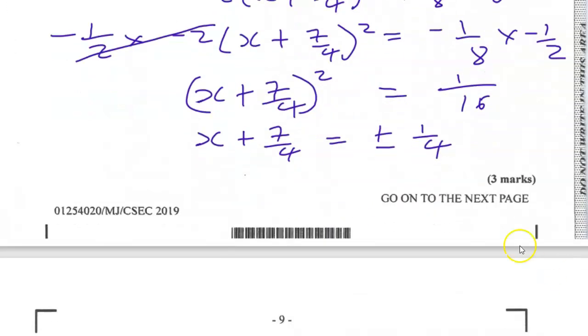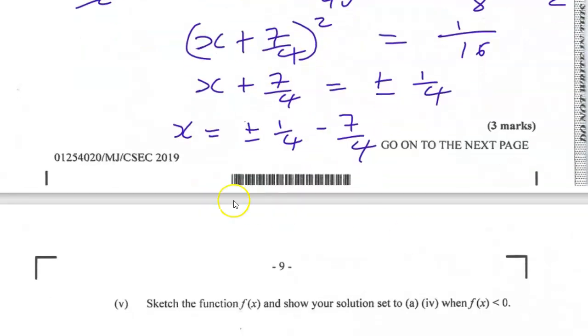So x would now be equal to plus or minus a quarter, minus 7 over 4. Take positive a quarter first, minus 7 over 4.